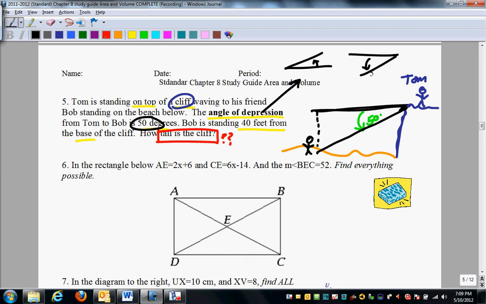Bob's standing 40 feet from the base of the cliff. How tall is the cliff? There's your unknown. Since you have an angle here and a side length of a right triangle, you're going to be using SOHCAHTOA to solve.